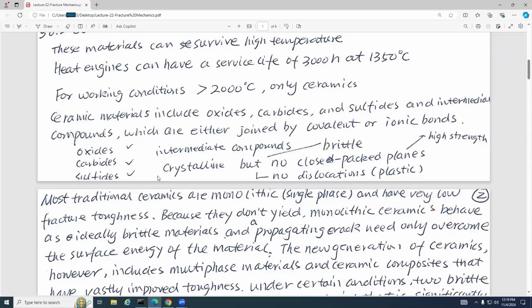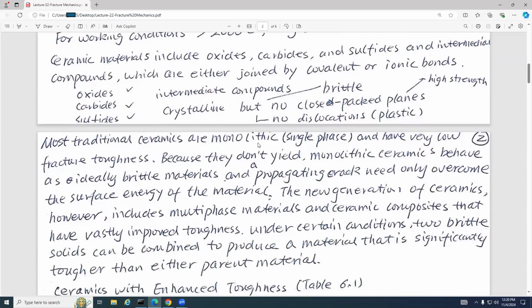So even though these compounds exhibit a crystalline structure, they are still brittle. That means ceramics are brittle. Most traditional ceramics are monolithic, which here means single phase, and have very low fracture toughness.